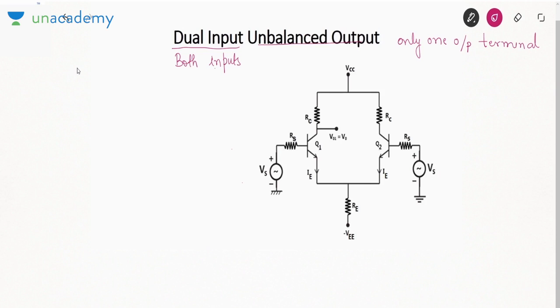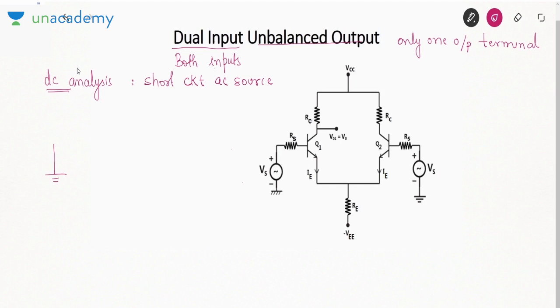Now before making an analysis of the AC circuit or finding the gain, we want to perform DC analysis. When you talk about DC analysis, we will short circuit the AC source. Okay, if you short circuit the AC source, how will the circuit look?